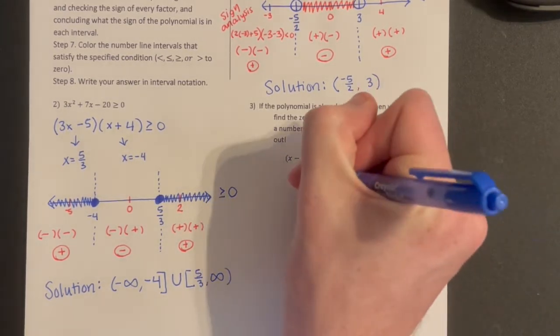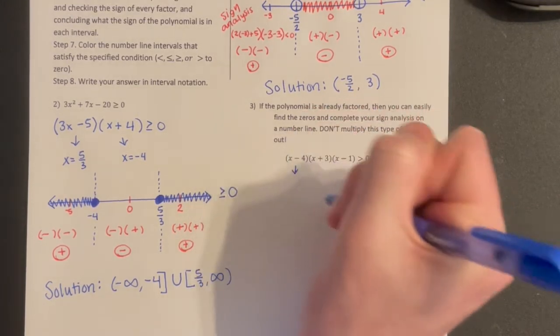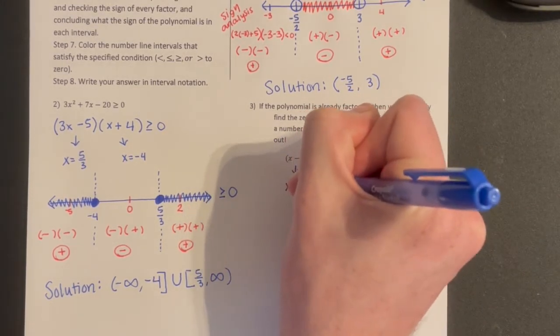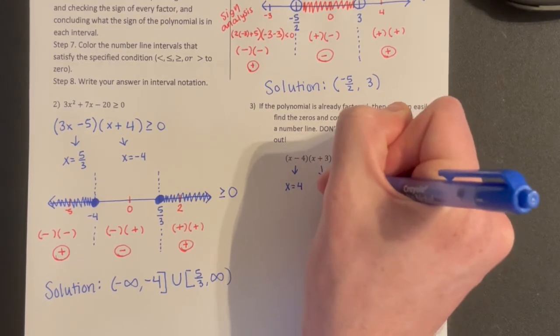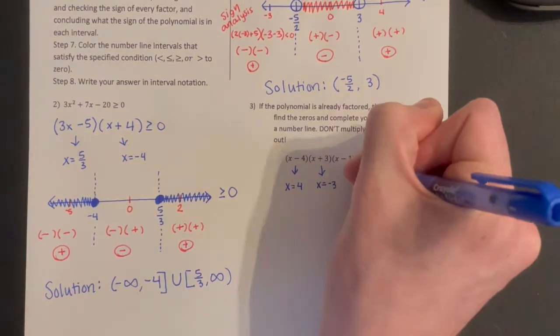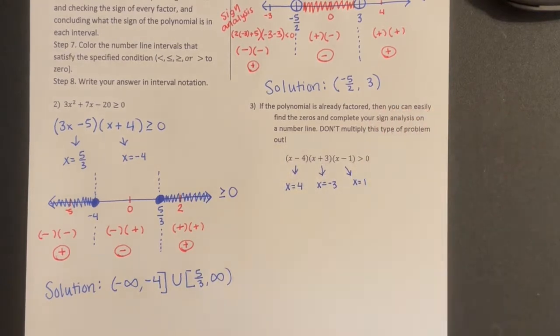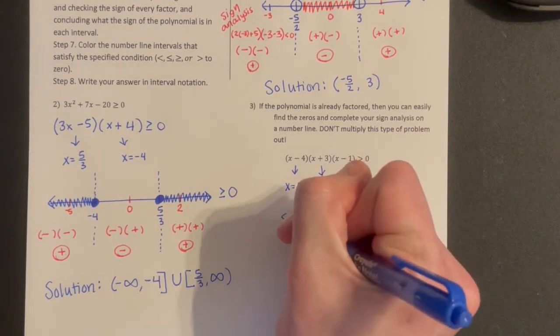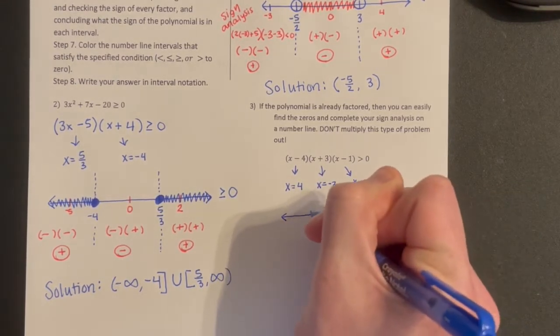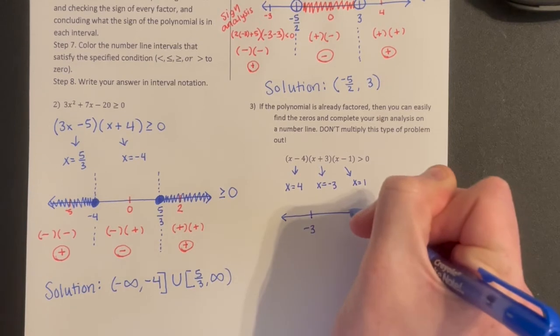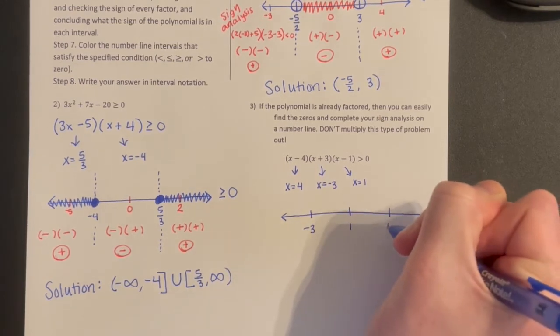What we would do is find each of our zeros, which ends up being x equals 4, x equals -3, and x equals 1. So we take each of those zeros and put them on a number line. Now we want to go in order, so -3, then 1, and then 4.